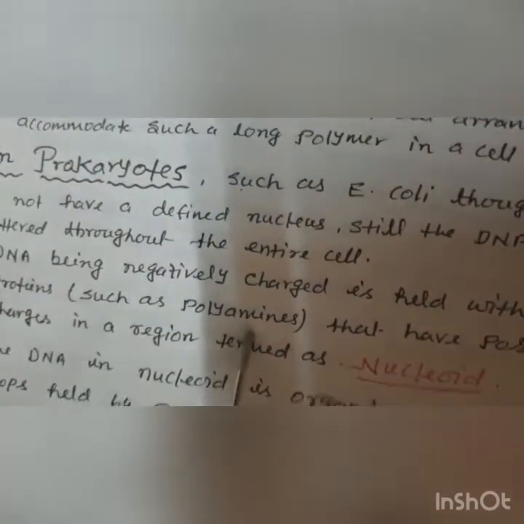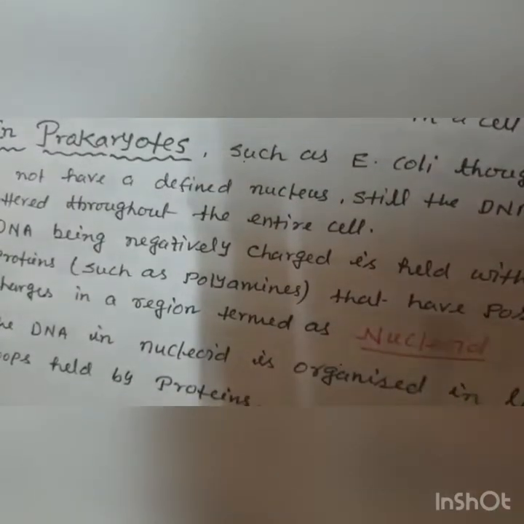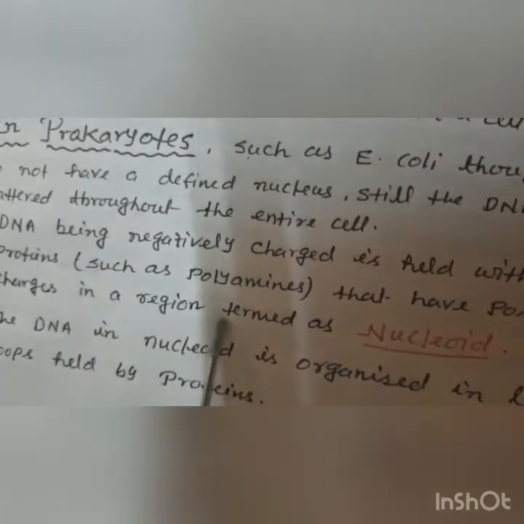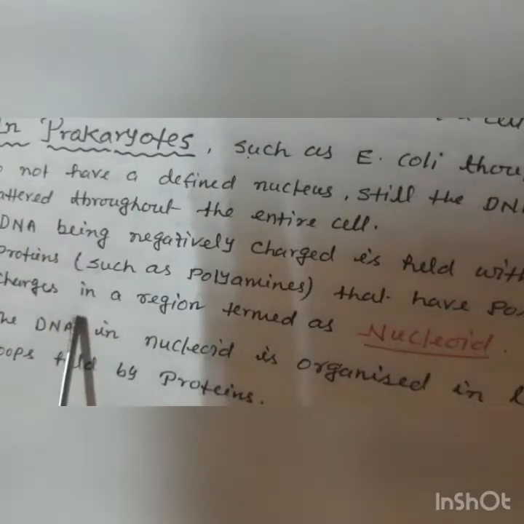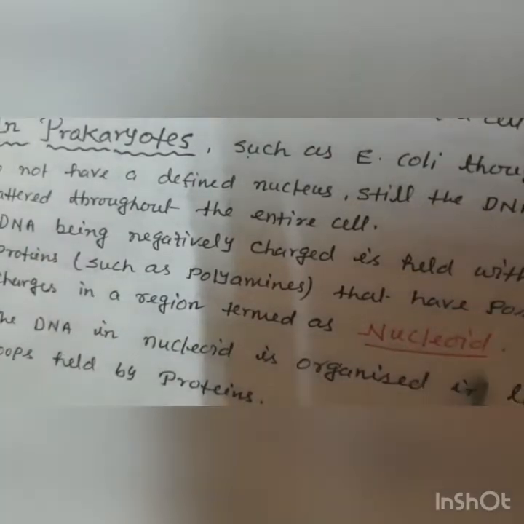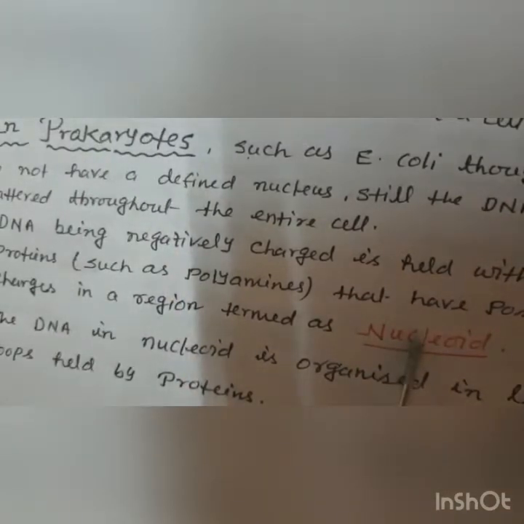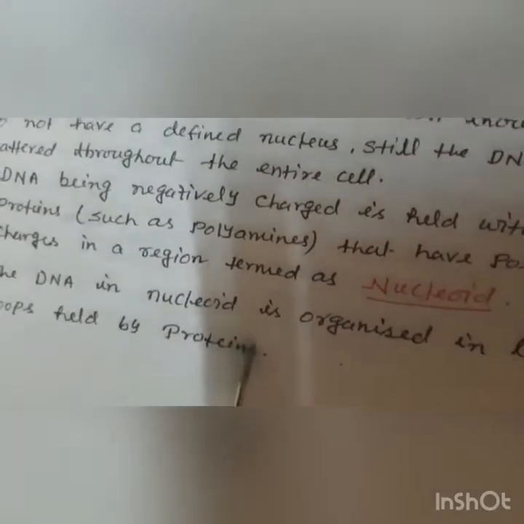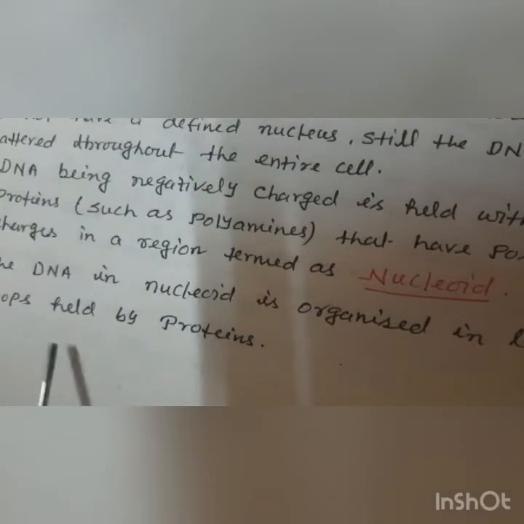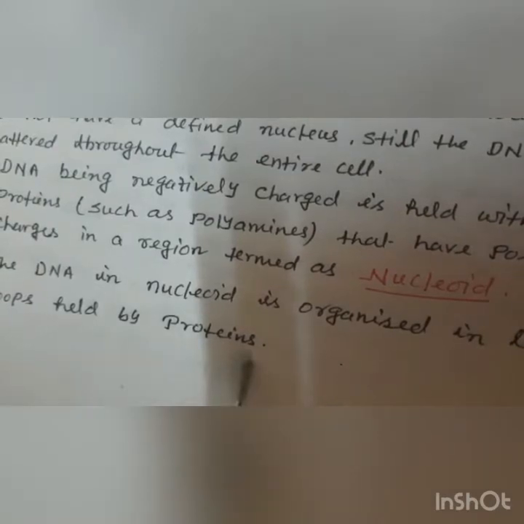DNA, being negatively charged, is held with some proteins such as polyamines that have positive charges in a region termed as the nucleoid. It means in prokaryotes the DNA is wrapped in a structure which is known as nucleoid. The DNA in nucleoid is organized in large loops held by proteins.